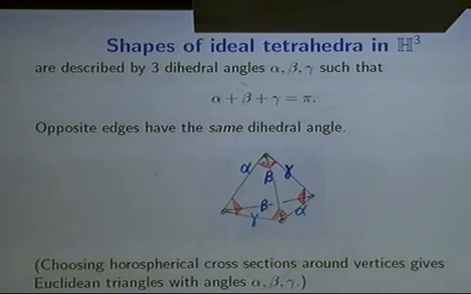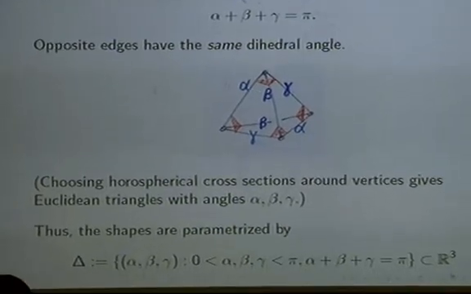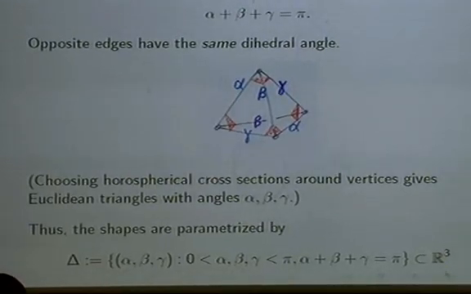If we just stick to angles, we have three numbers attached to the tetrahedron, say alpha, beta and gamma. They correspond to the angles in a small Euclidean triangle, which is a cross-section by a horosphere near the vertex. So alpha, beta, gamma have to add up to pi.